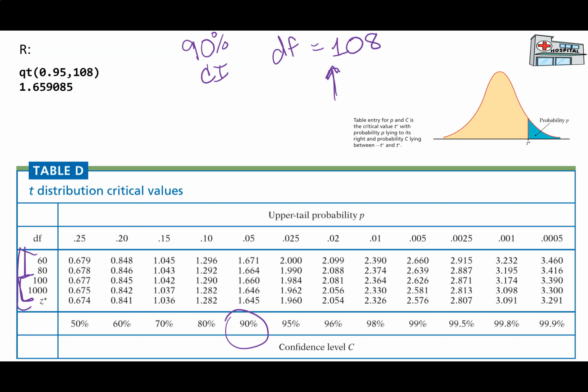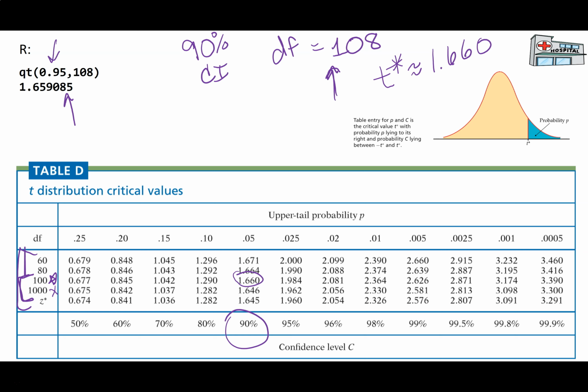There's one that corresponds to 100 and one that corresponds to 1000. When it comes to degrees of freedom, we tend to round down here. I would say, yes, I have a sample of at least 100, but I don't have a sample of at least 1000, so I don't like to round up. So if I line this up, my t-star is going to be about 1.660, which if you throw it into R, you can get a more exact t-star critical value.